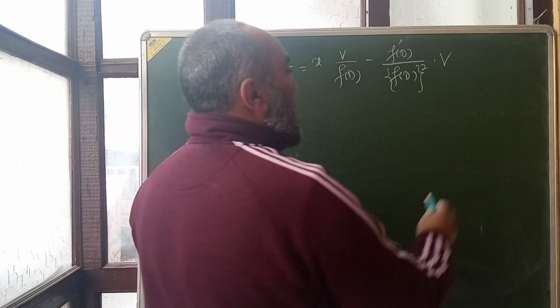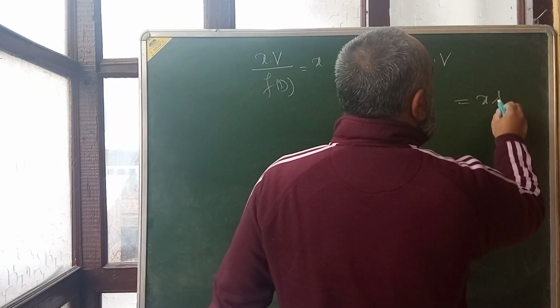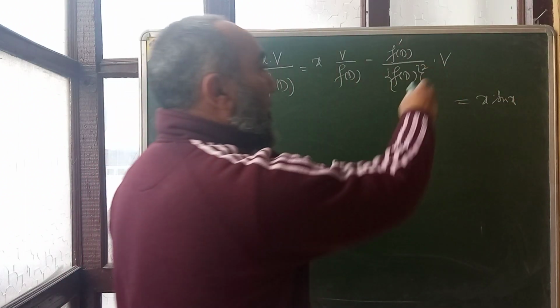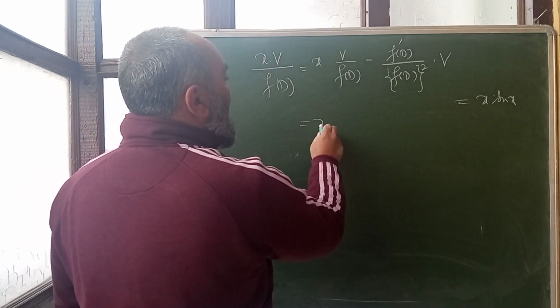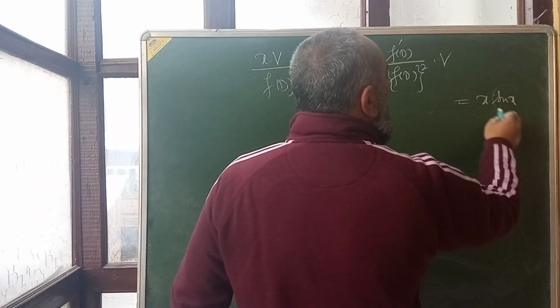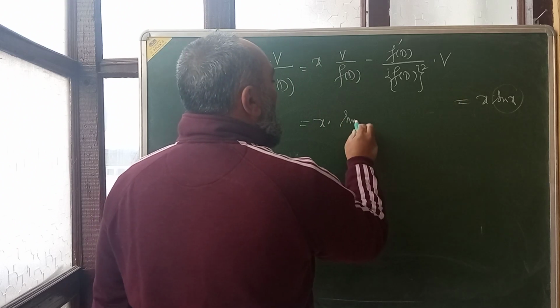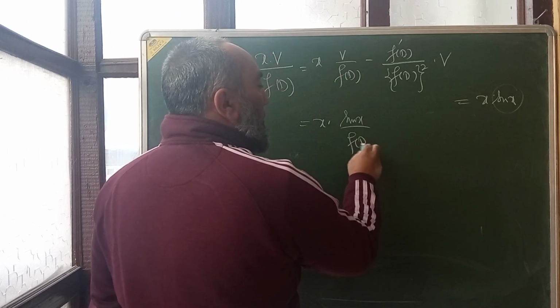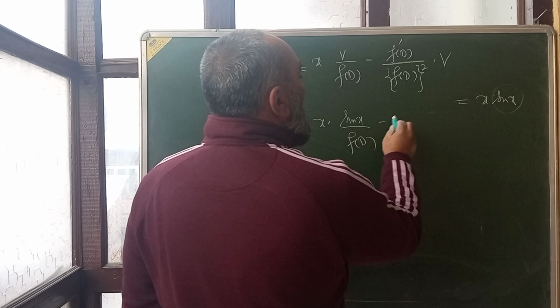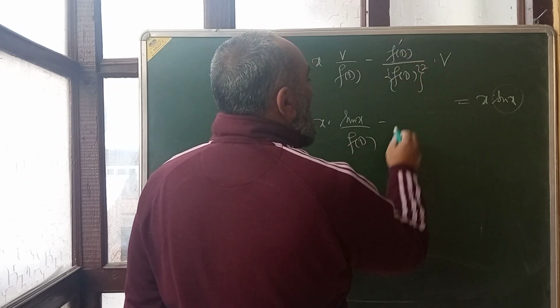See, we were having right hand side x sin x. As per this formula, this will be x, what is your v? It is sin x upon f(D). That f(D) was there, minus the derivative of f(D).